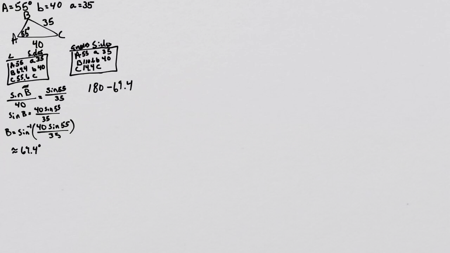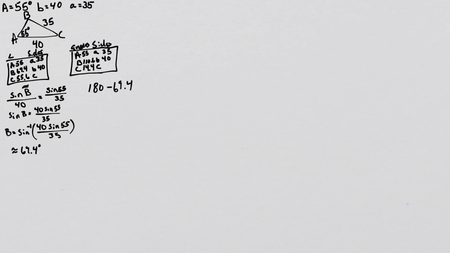So in this first triangle, 55.6 is my middle angle, so side C has to be somewhere between 35 and 40. On my other triangle, I have 14.4, my smallest angle. Therefore, side C has to be greater than 0 but less than 35. If it's not less than 35, I've got a problem.